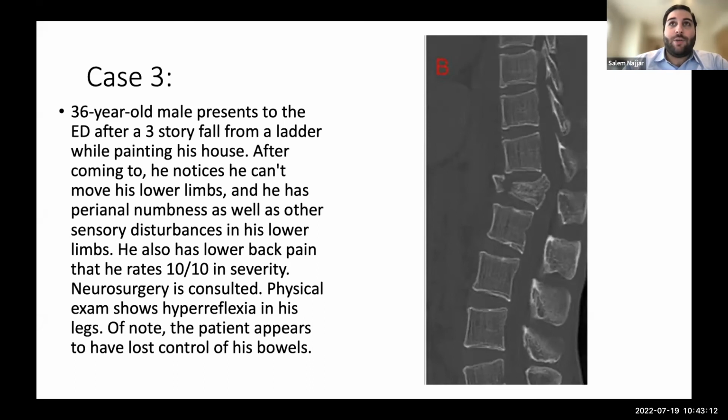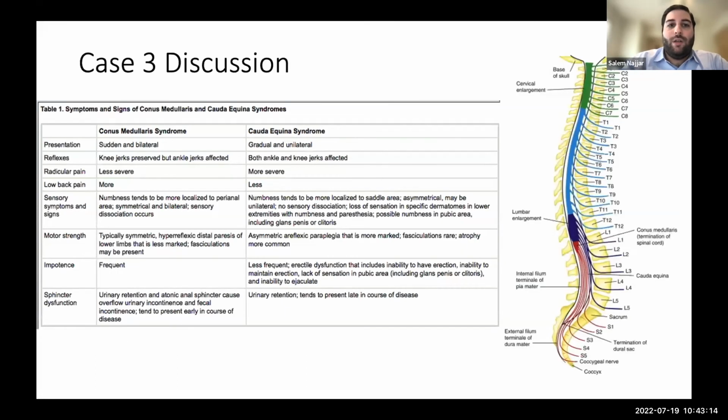Now, this can be contrasted with something called cauda equina syndrome, where the cauda equina is being compressed. And you can see in this chart on the left that there's a difference in the presentation. Both are very serious, but one of them is more acute than the other. The more acute issue is the conus medullaris syndrome versus cauda equina. Cauda equina can be gradual, and it can only be one-sided, and it can be slow in terms of progression.